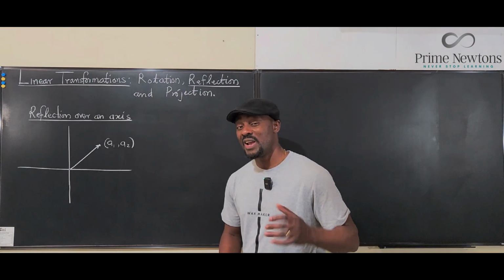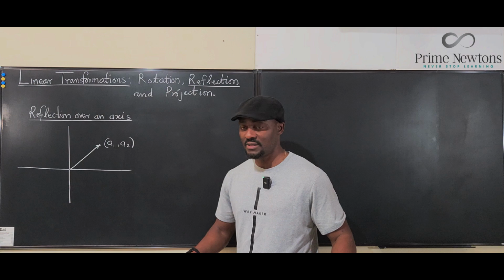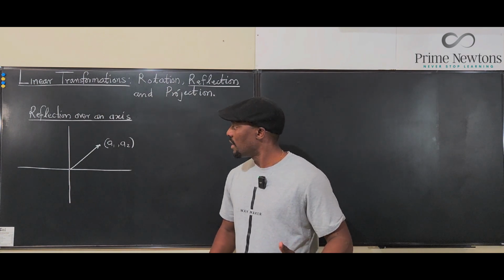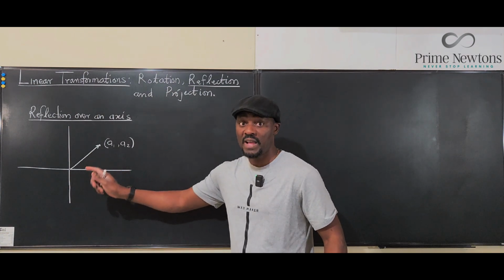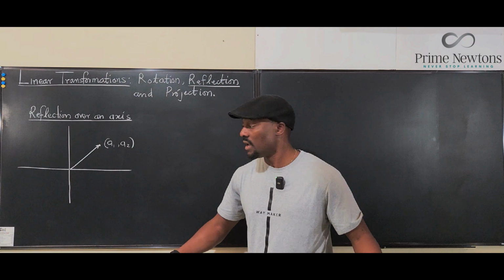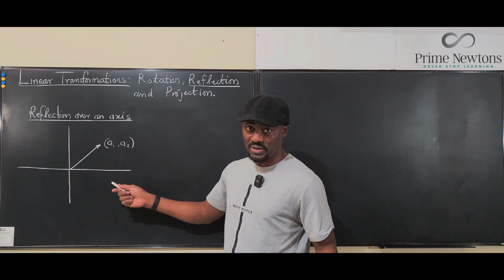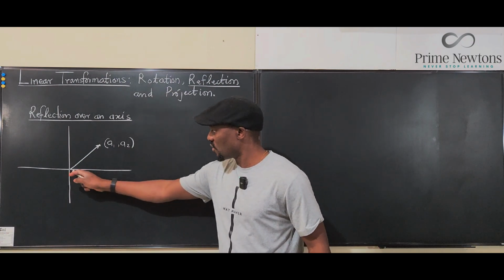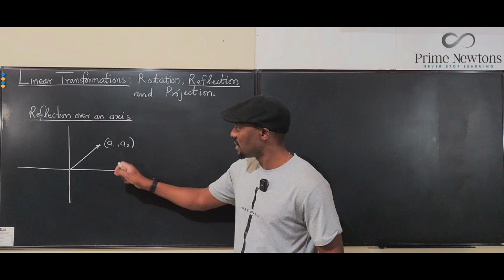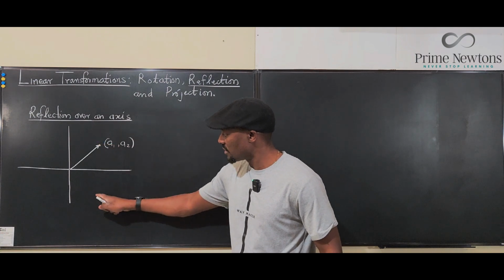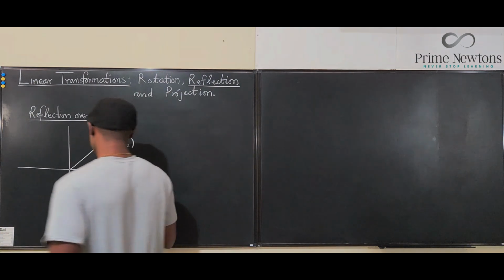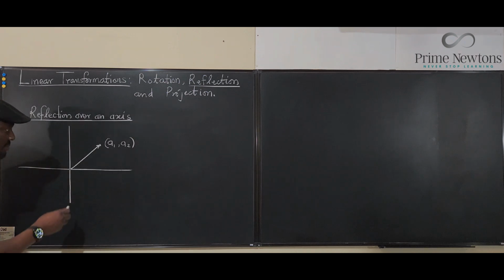So let's consider a reflection over an axis. We have this vector, and we want to reflect it over one of the axes. Let's start with the x-axis. If you reflect it over the x-axis, this point comes down here. The x-axis becomes a mirror.